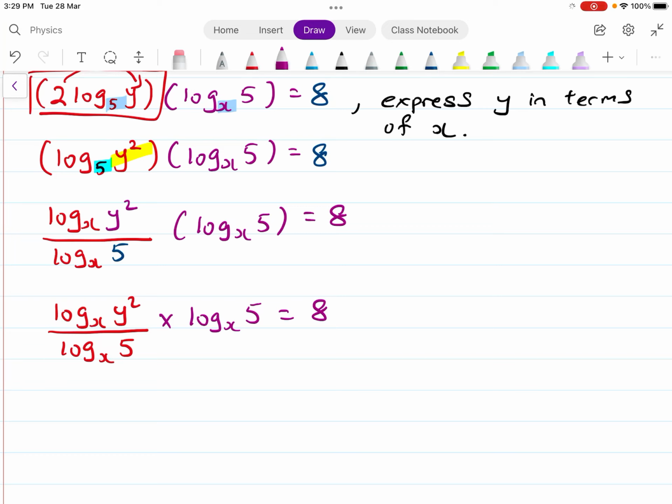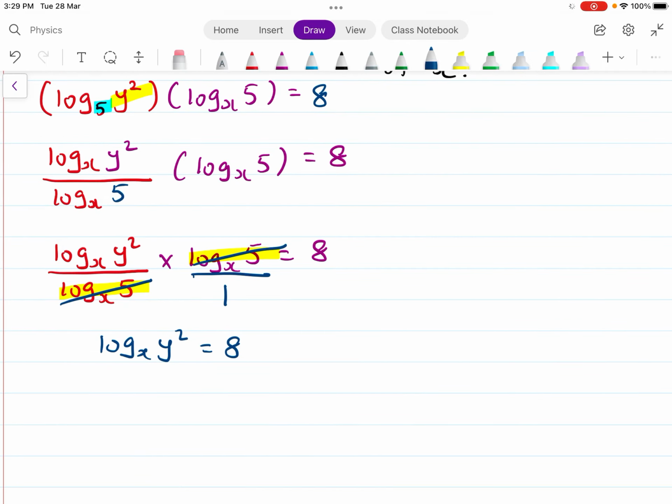Notice that I can do a bit of cancellation. You look at the second term, log x5 over 1. For this part and this part, they are the same, so I can cancel them away. So what is left is actually log x y square equal to positive 8.